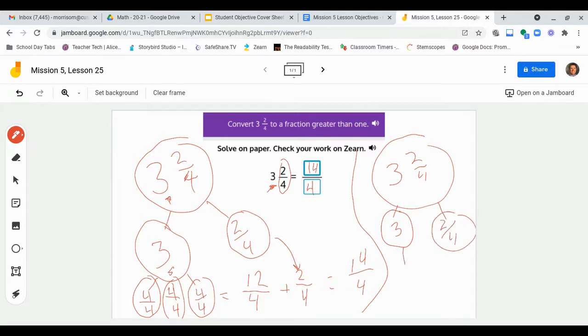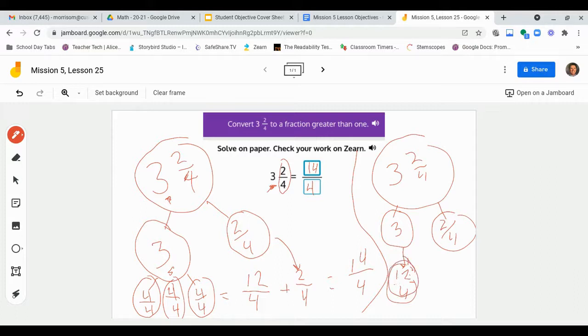Now, if I feel comfortable, I can go ahead and rename the 3 wholes as 12/4, as long as I recognize that the 3 wholes are in fourths, so I'm counting by 4s. So I can rename it as 12/4 to start off with.